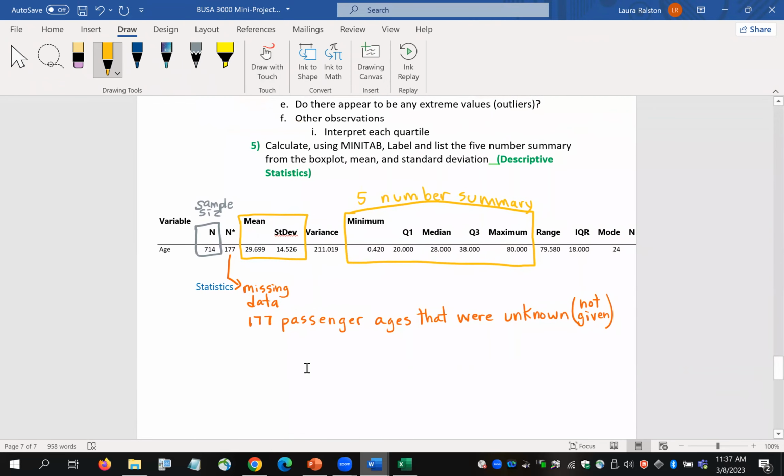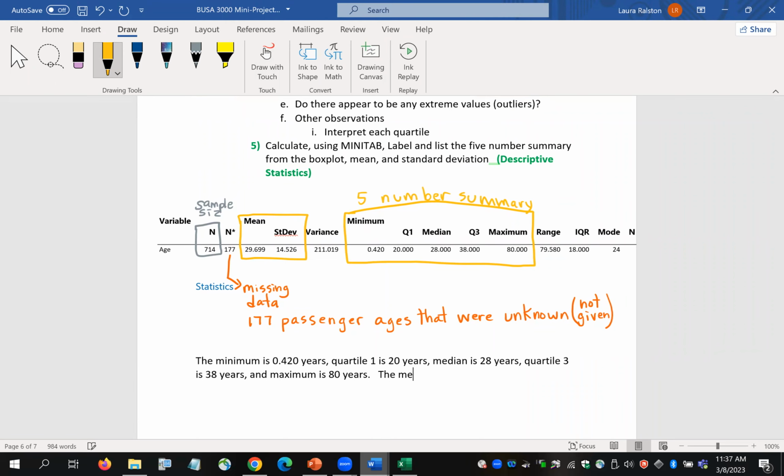You can write it in a sentence and say the minimum is 0.420 years. Quartile 1 is 20 years. Median is 28 years. Quartile 3 is 38 years. And maximum is 80 years.